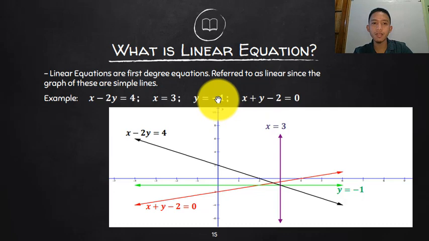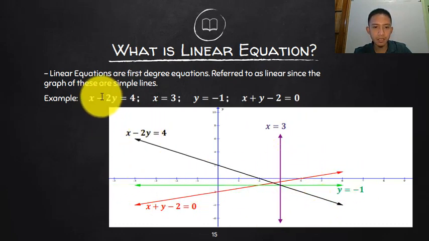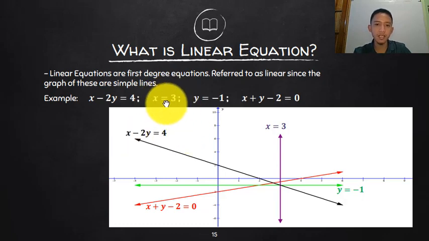If you say linear equation, those are the first degree equations. We call that one linear since if you are going to graph those, those are just straight lines. For example, this one, x minus 2 equals 4, that is just a straight line, an inclined straight line. x equals 3 is also a straight line which is passing at x equals 3, so that is a vertical.